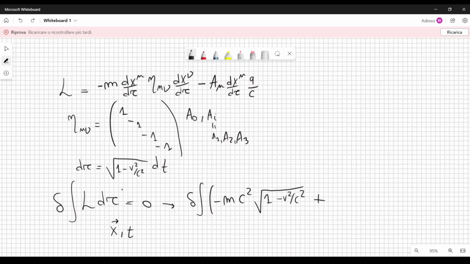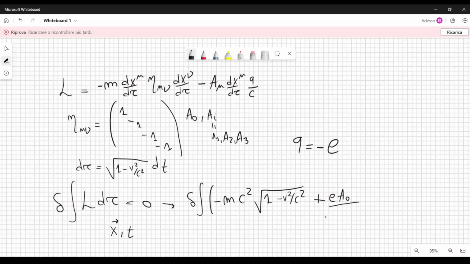And then I have d tau in the integral, which can be rewritten using this expression, so I can put the square root here. And then I have plus e A0. I'm using e, and I have simply defined e to be minus q. So q is equal to minus e. In this case e will be positive because we are considering an electron, so q will be negative, but e will be positive.